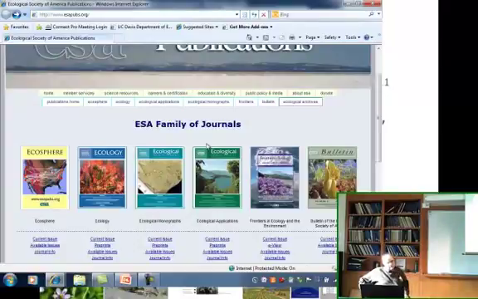And in some ways they end up being not very compatible with society, but it's quite likely that if a large society such as ESA was to move forward with compulsory data archiving for papers, then commercial publishers may follow suit. That's certainly what happened with the American Society of Naturalists and evolutionary journals.